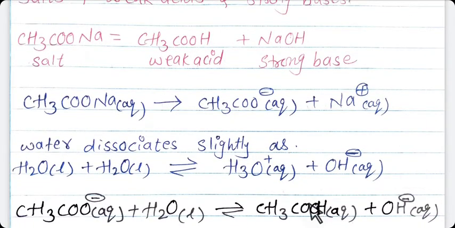As we have seen already these two equations, we can understand that when sodium acetate is dissolved in water, it produces Na plus ion, H3O plus ion, acetate ion and OH minus ion.